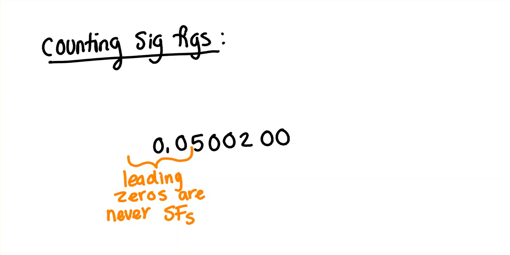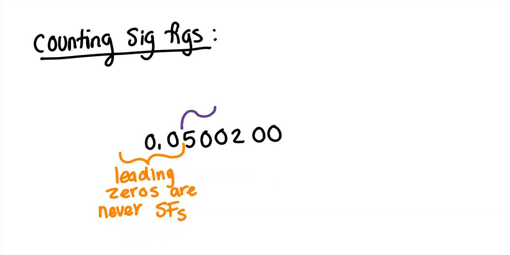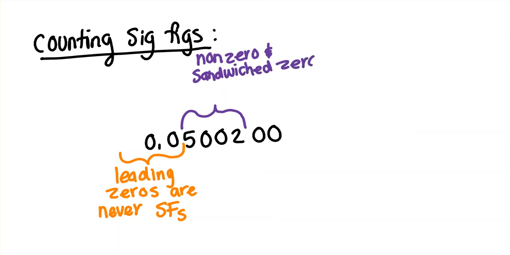Okay. Anything that's not a zero or is sandwiched between non-zero digits always counts as a Sig Fig. So non-zero, like the 5 and the 2, and sandwich zeros, they count as Sig Figs.